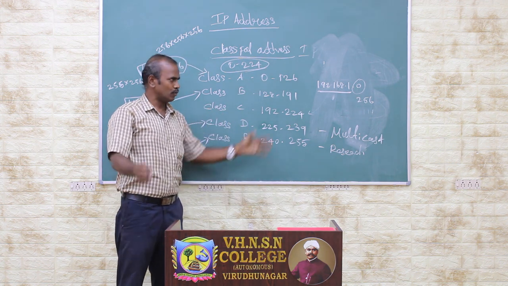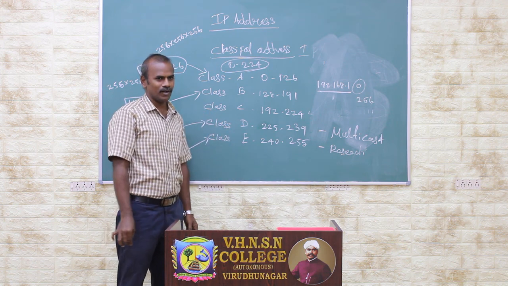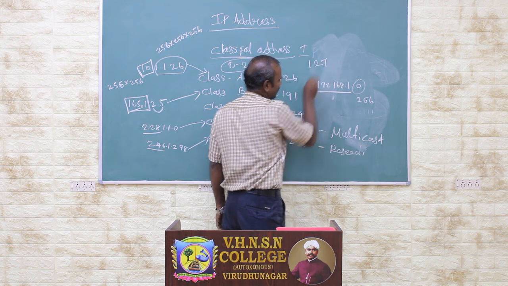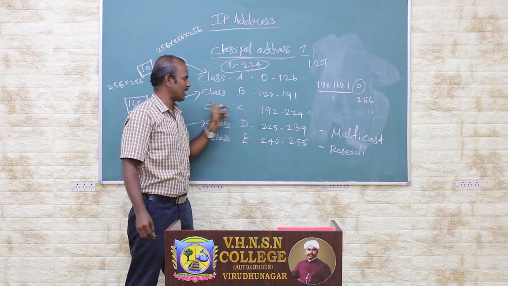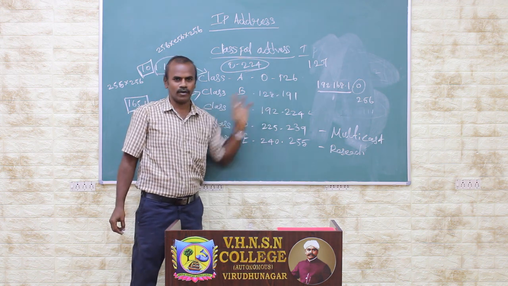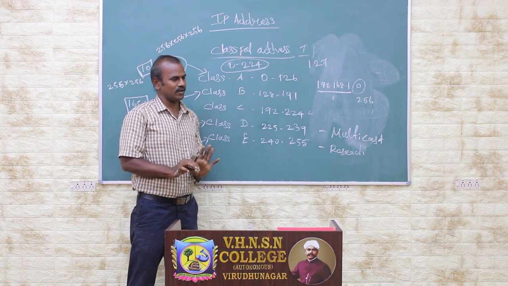You may think I missed a number. Which number? 127. Here I mentioned class A up to 126 and class B starting at 128. I missed 127, but not by mistake.